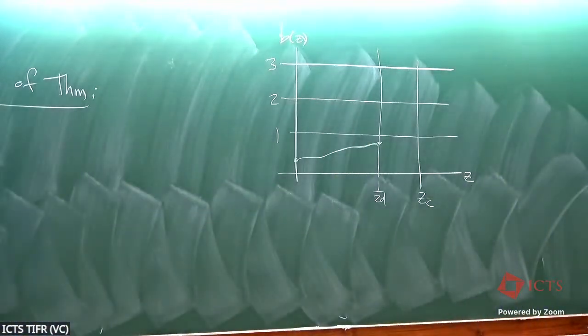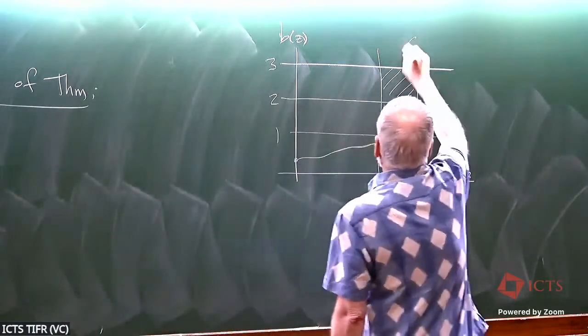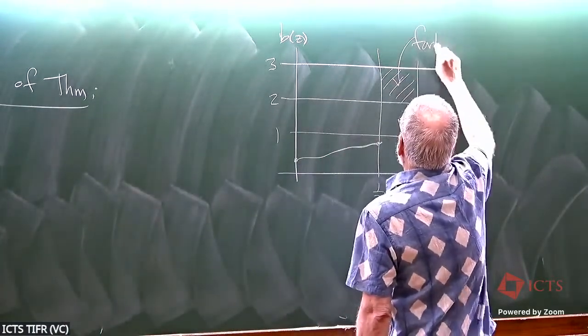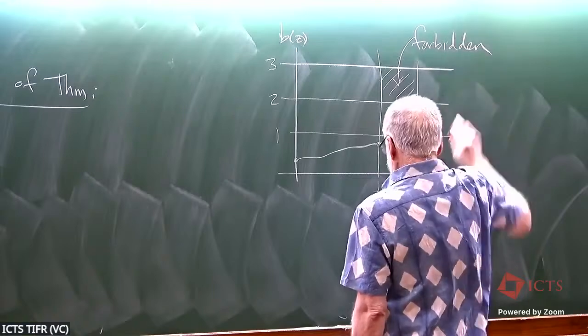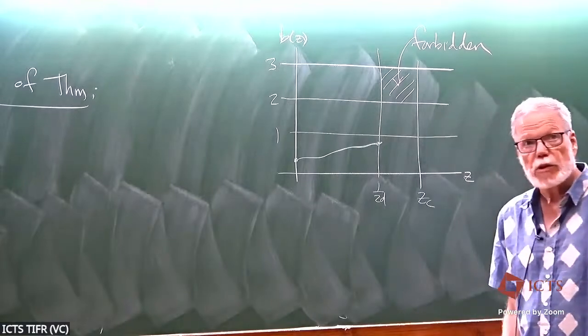Well, I know that B cannot be between 3 and 2. Because if it was 2.5, it would be less than or equal to 3, but greater than 2. So that's not allowed. So this region here is a forbidden region for the graph of B. But B is continuous.